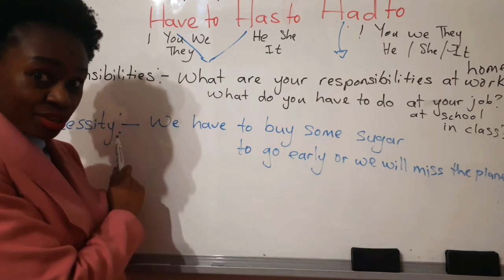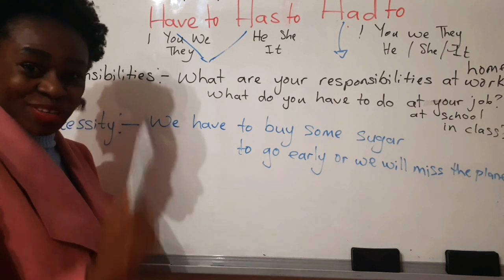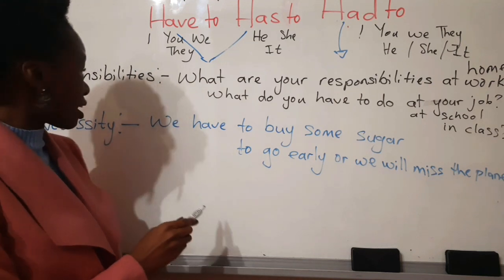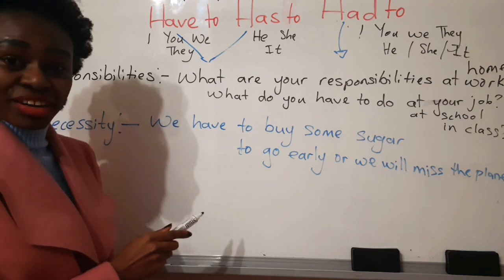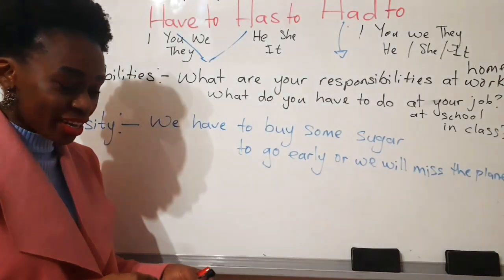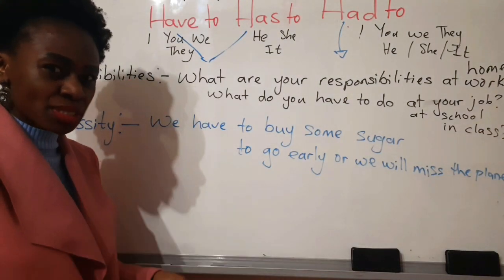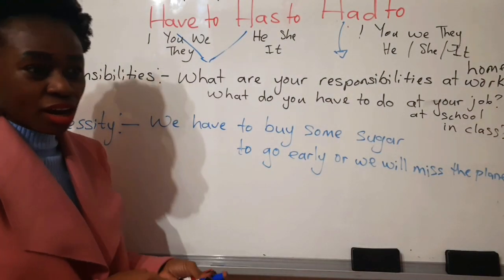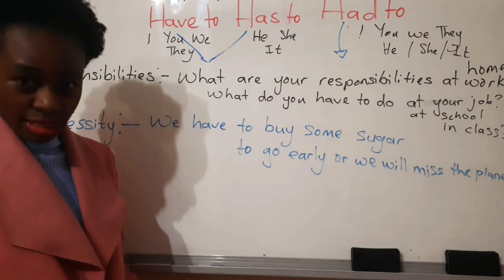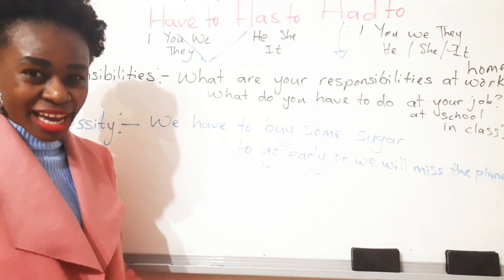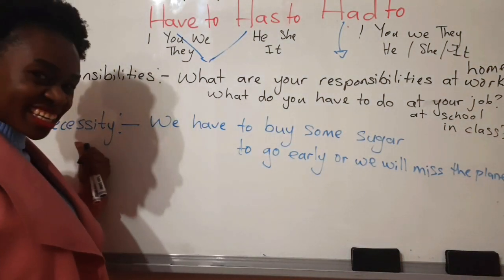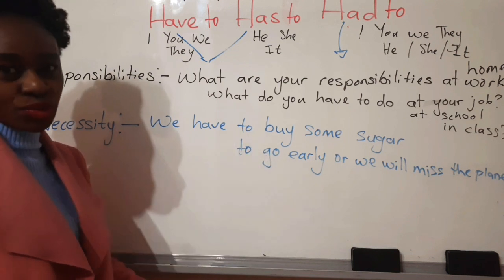So it's necessary to go to the airport early, or I have to be at work early today because I couldn't finish my work. It's not a responsibility. According to my boss, I have to be at work at 8, but I have a lot of work. So I feel I have to.